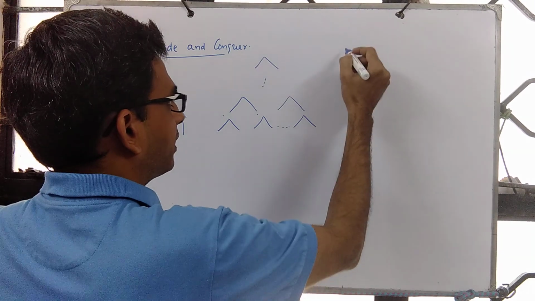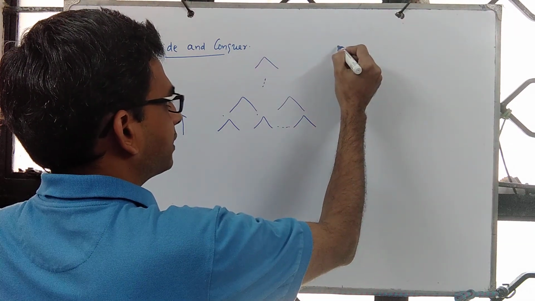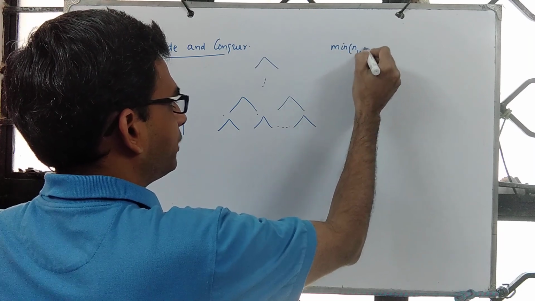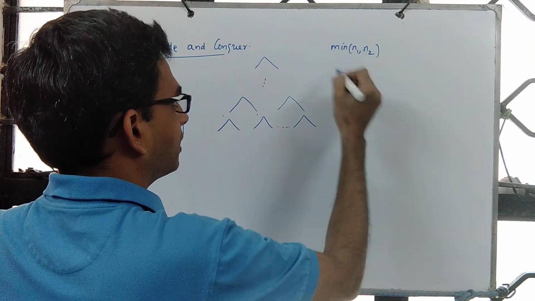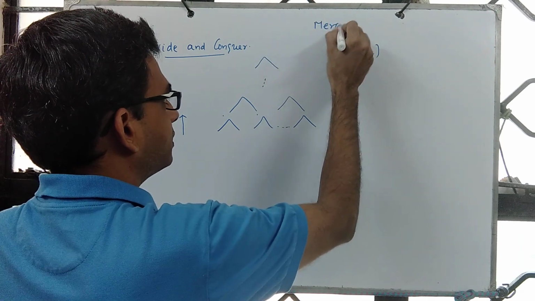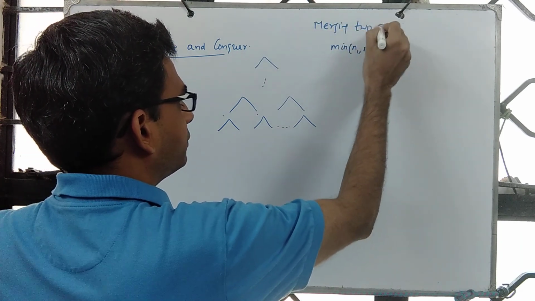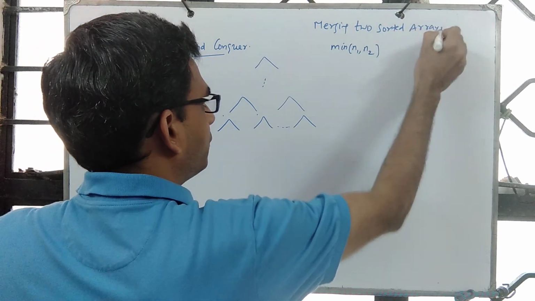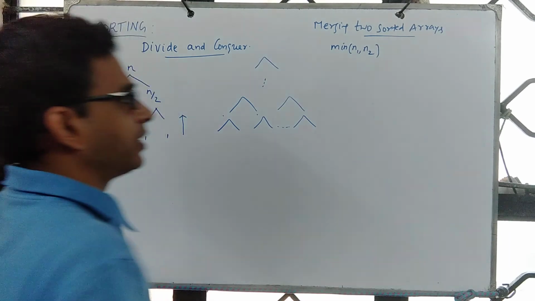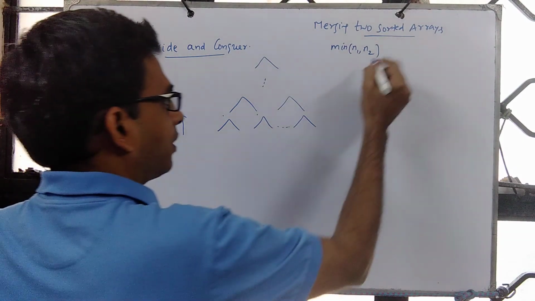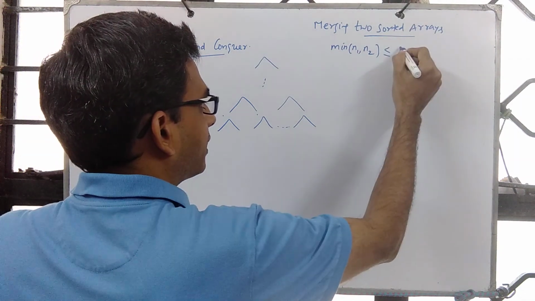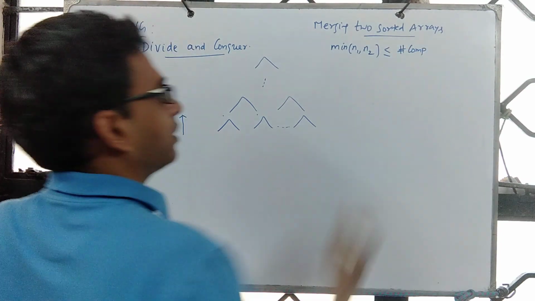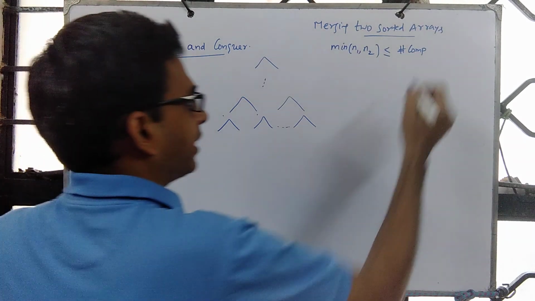We also saw an approach using which we can solve this problem: merging two sorted arrays. Given two sorted arrays of size n1 and n2, how many comparisons did we do to sort the union a1 union a2?